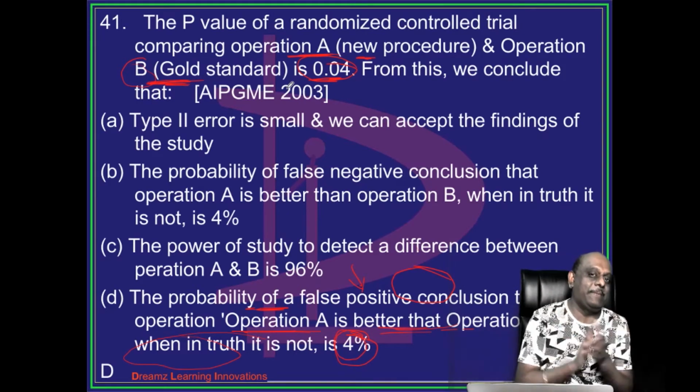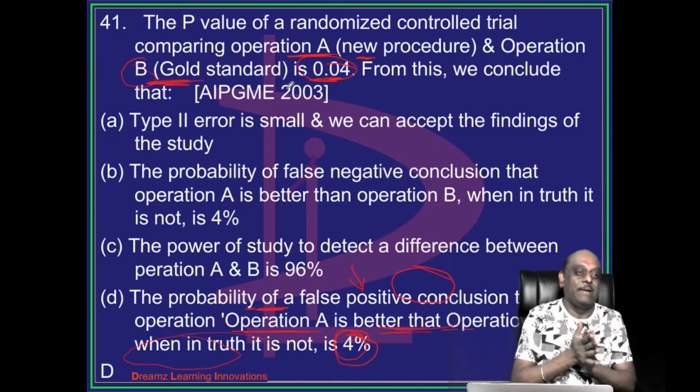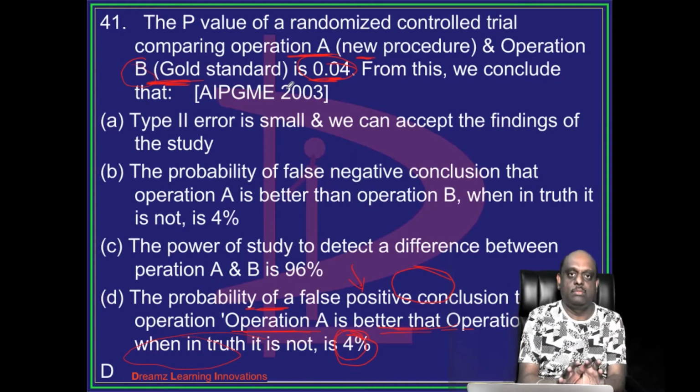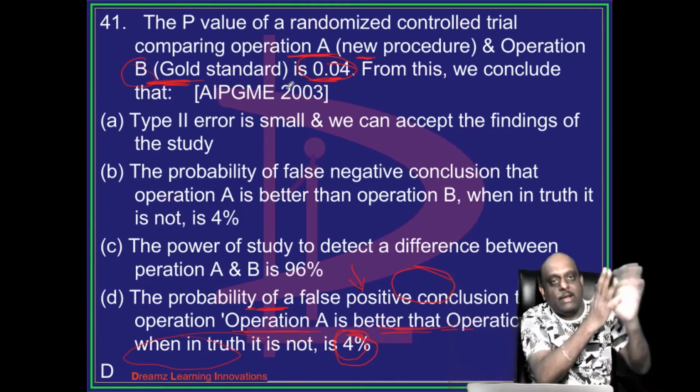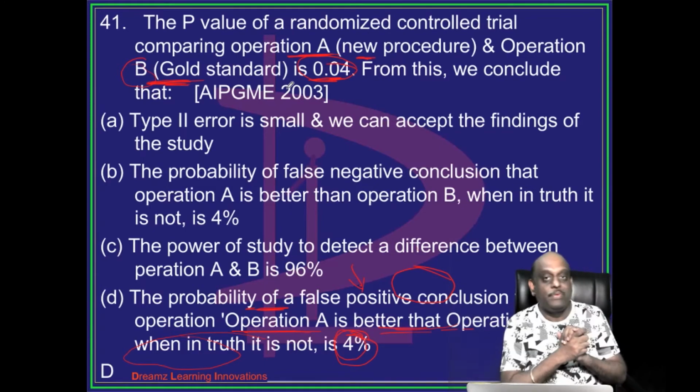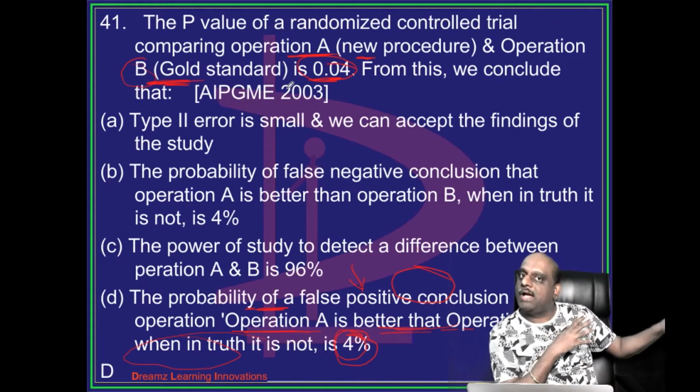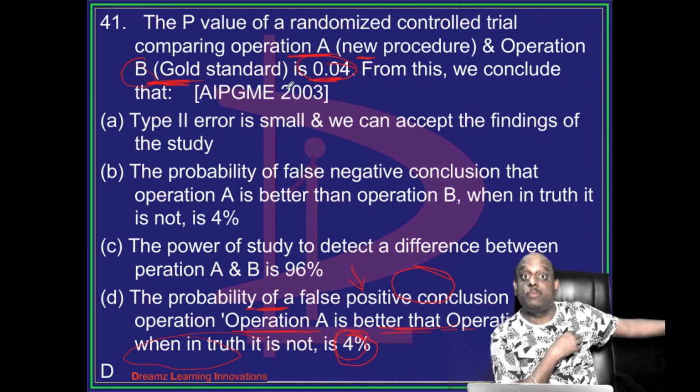So what does this mean? When you conduct a study, when you compare two things, you assume some null hypothesis, and there is always a chance that there can be a false positive.